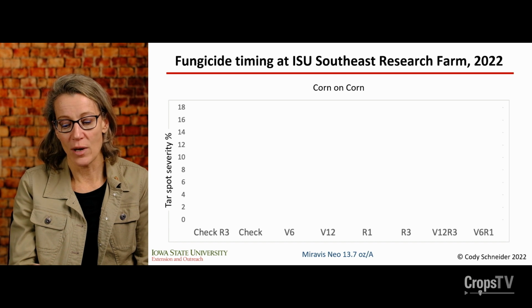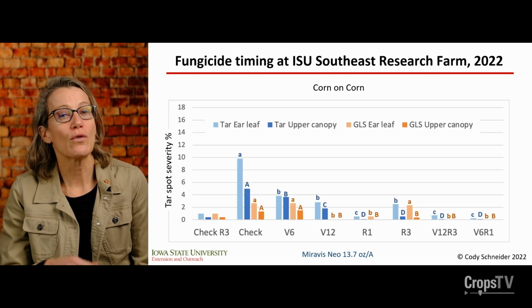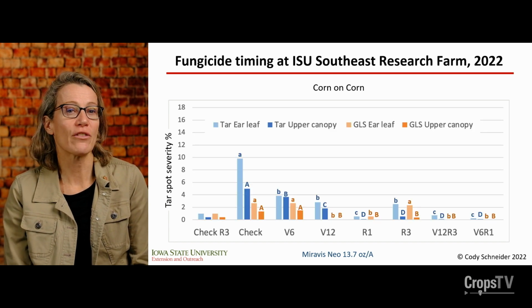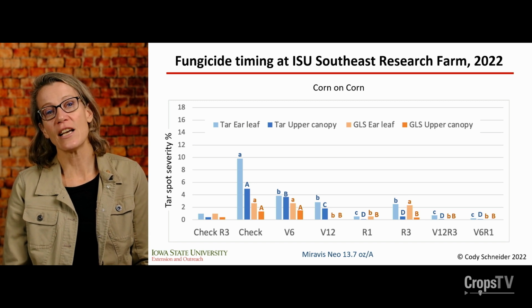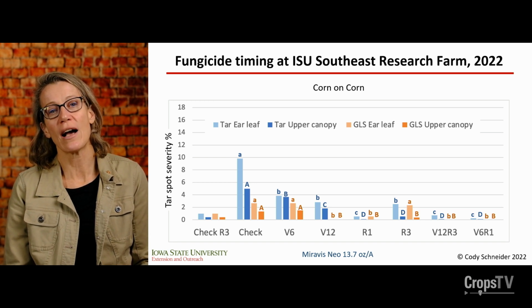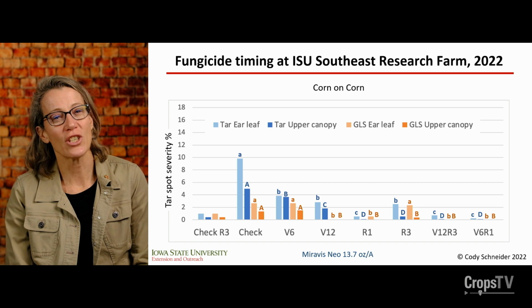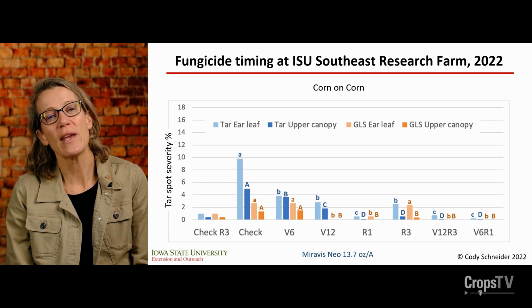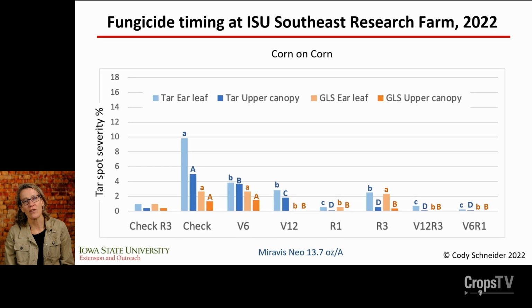And so if we look at that data, first of all, you'll see the check at R3. And so this gives us an idea of how much disease was in the trial at R3. And this was just done on the check plants. So we had about 1% disease severity of tar spot. By the time we got to R5, that disease severity on the ear leaf is now up to almost 10%.